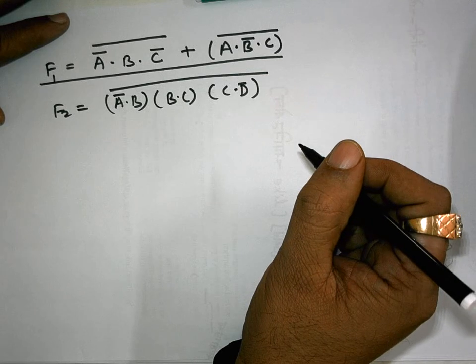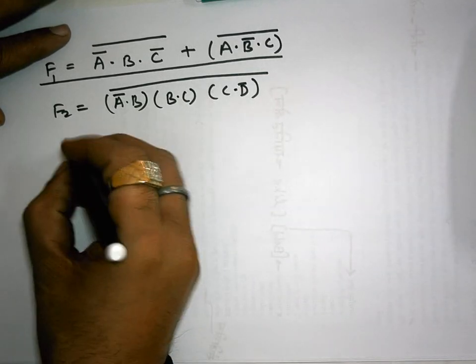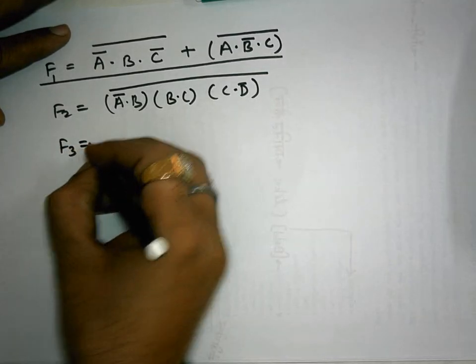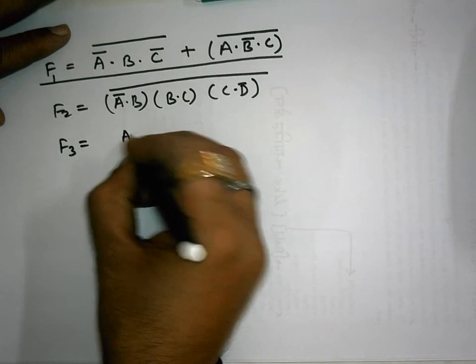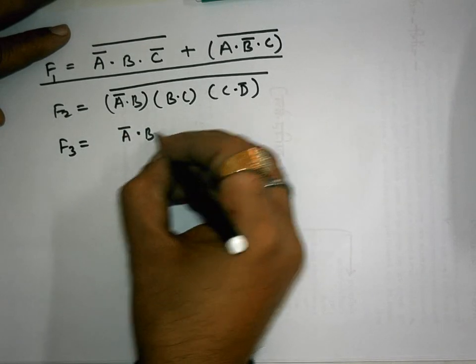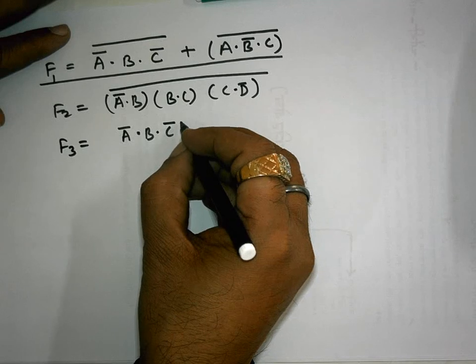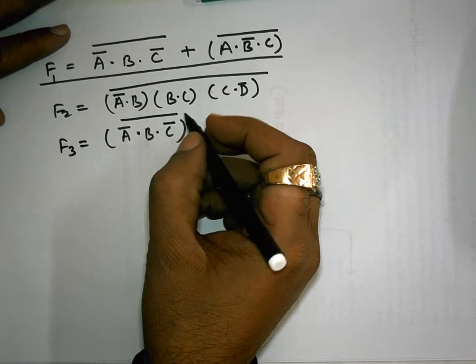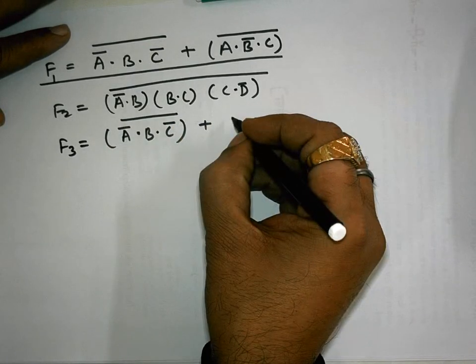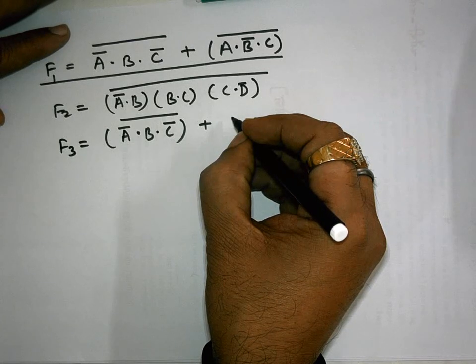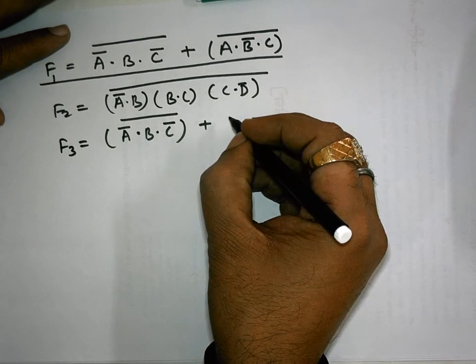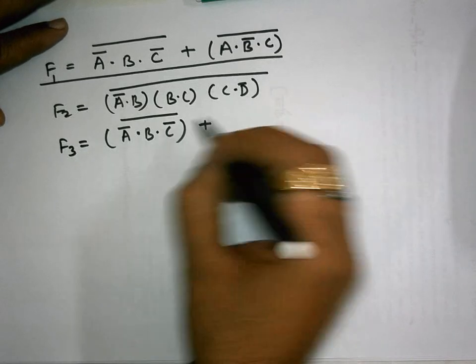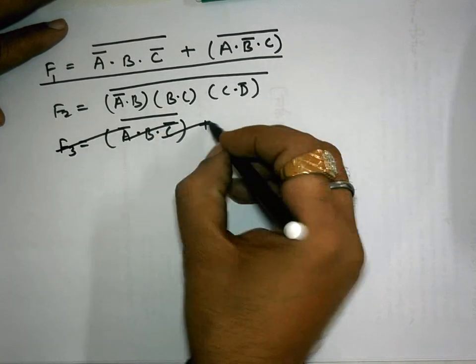Okay, note it down. F3, this is another expression. A bar dot B C bar, okay, it is the same as this previous one.